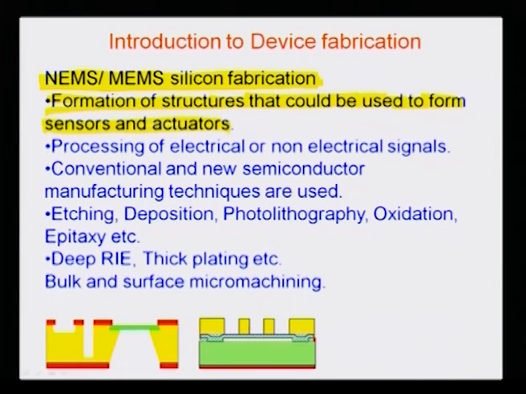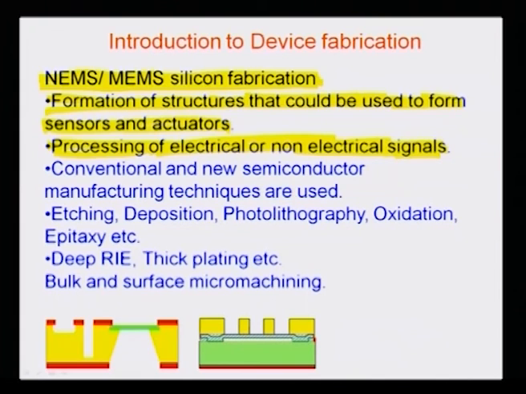And the idea is that these microstructures so formulated should be able to process some signals. It can be electrical signals or it can be non-electrical like mechanical signals, which can be somehow processed by means of transduction of these features or microstructured elements.